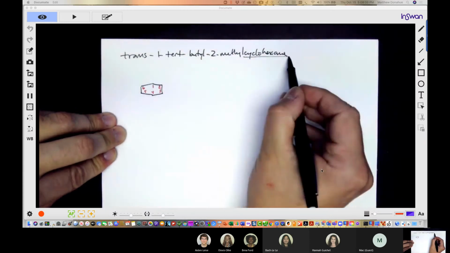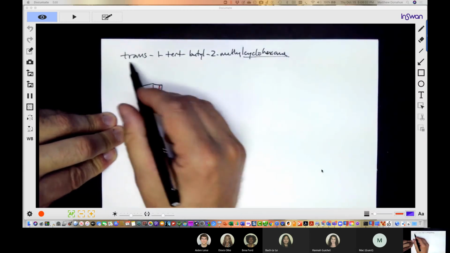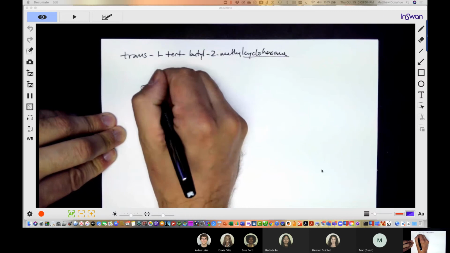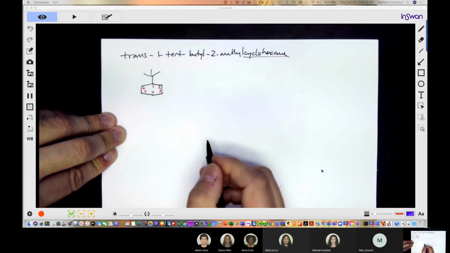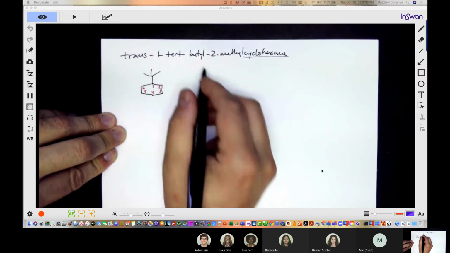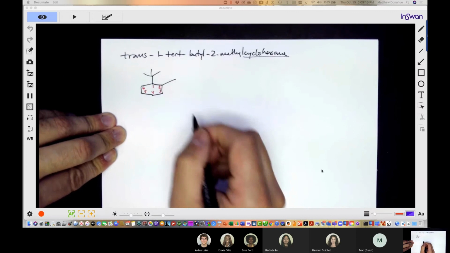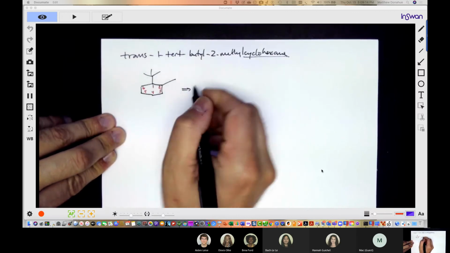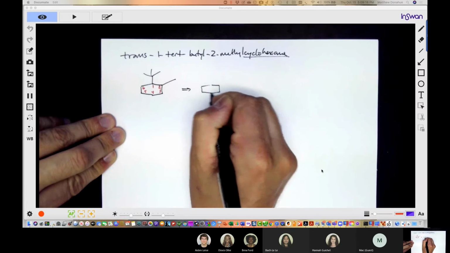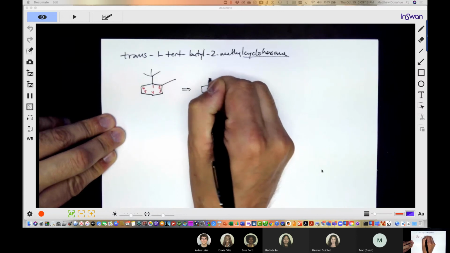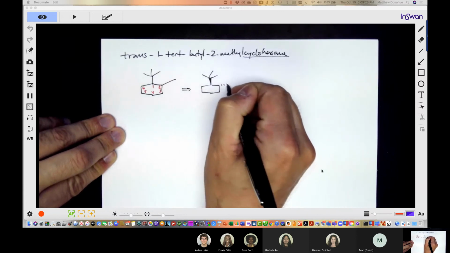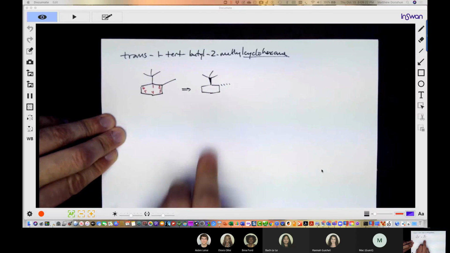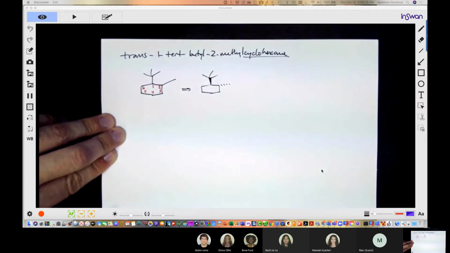So we wrote our cyclohexane down. We numbered it. The 1 position we want tert-butyl. The 2 position we want methyl. So that's our first approximation. Now we want to put the trans in. So now we want to take that, convert it to a chair.